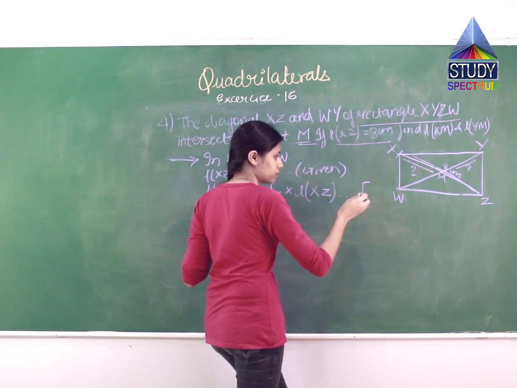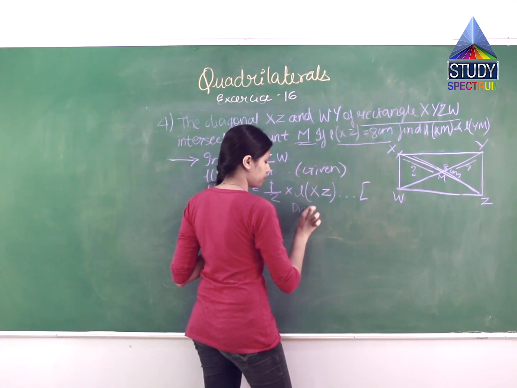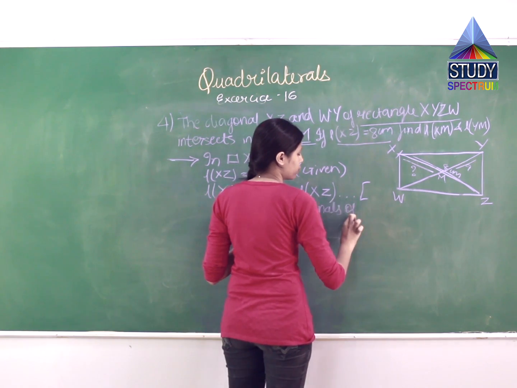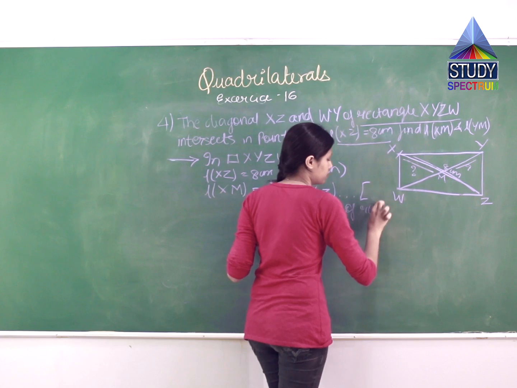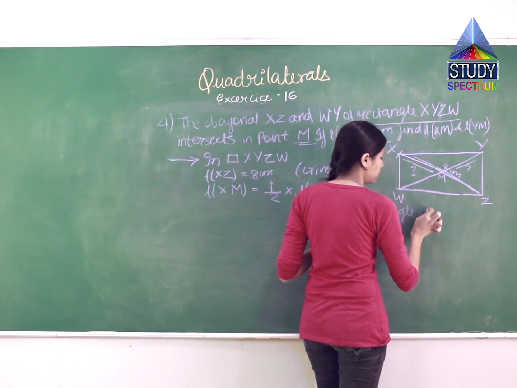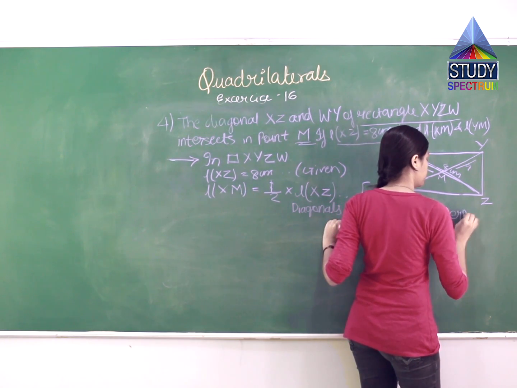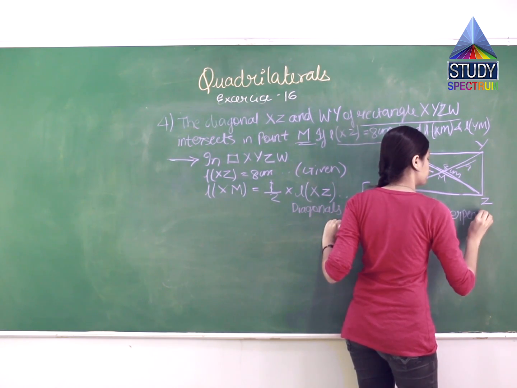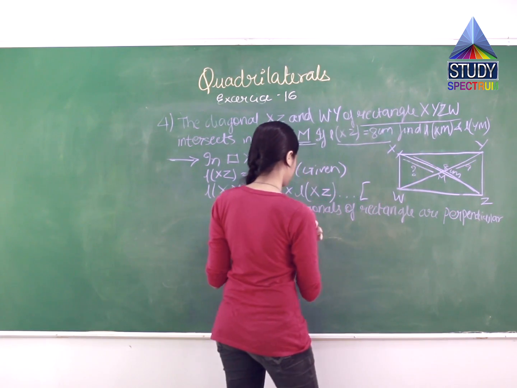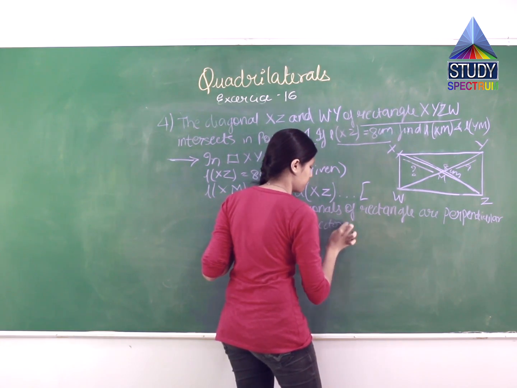Reason being, diagonals of rectangle are perpendicular bisectors.